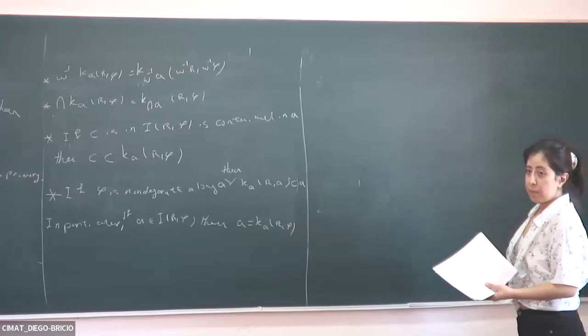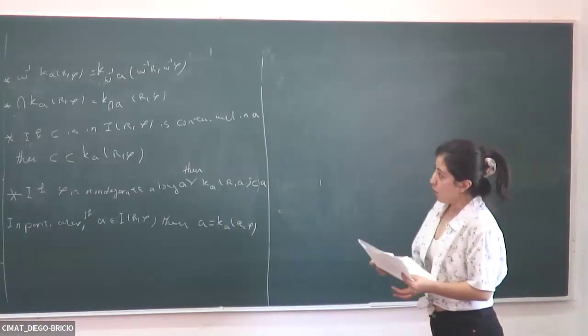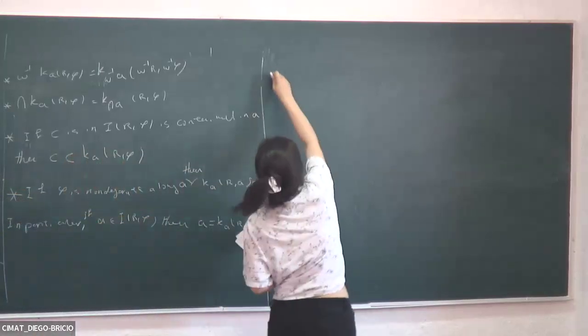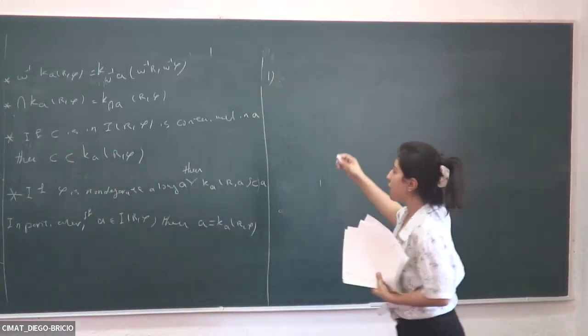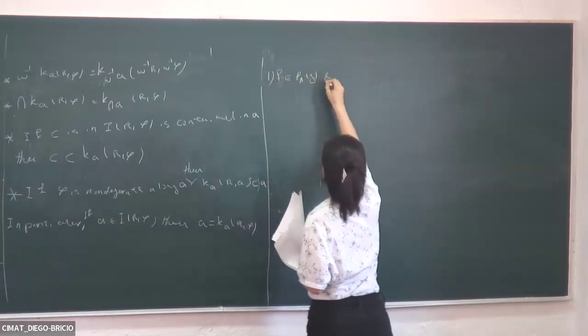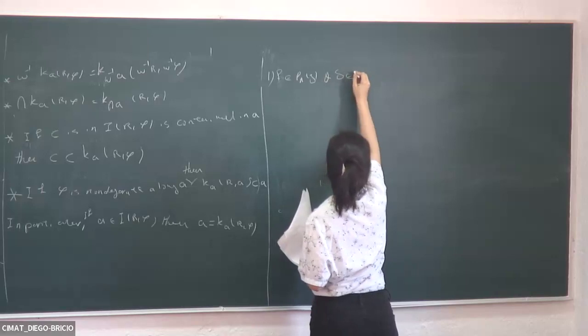Well, let's see. So I'm going to prove these properties here. The first one is that we assume that F is in rho J, and delta is in D_n.